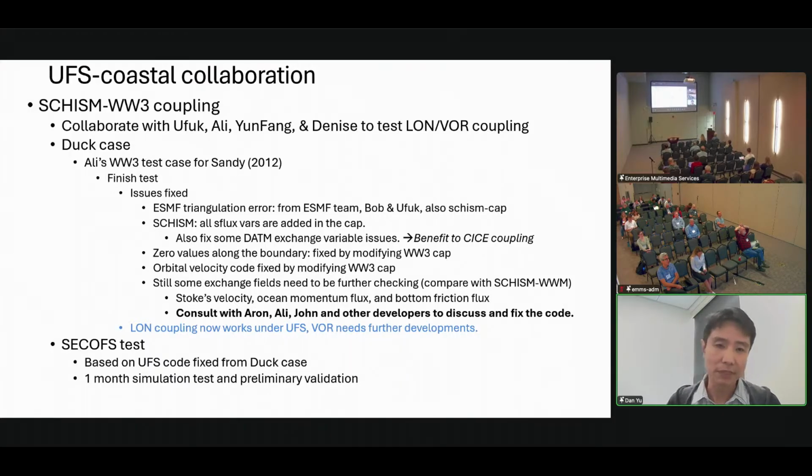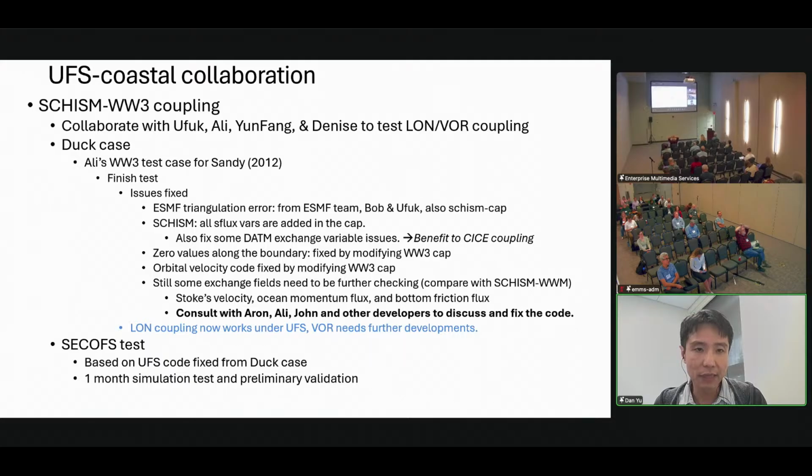During this development, we actually encountered several issues. First, we encountered some ESMF triangulation error, and Bob and Fu from UCA helped us fix this error, and right now this error has already been fixed.